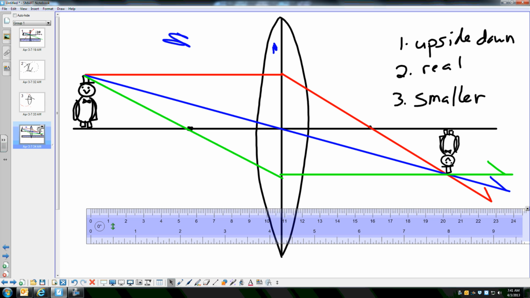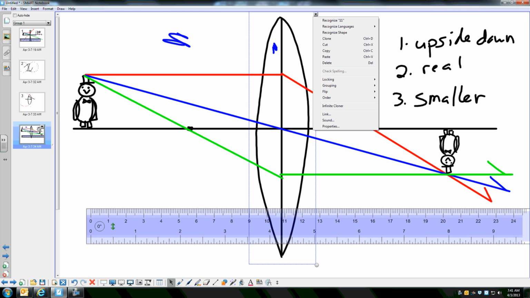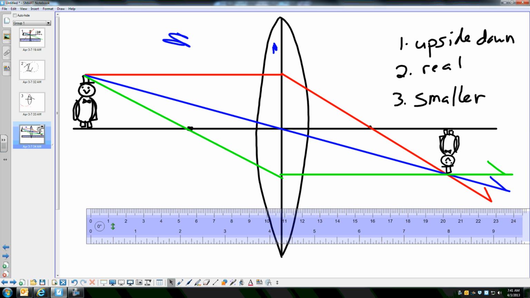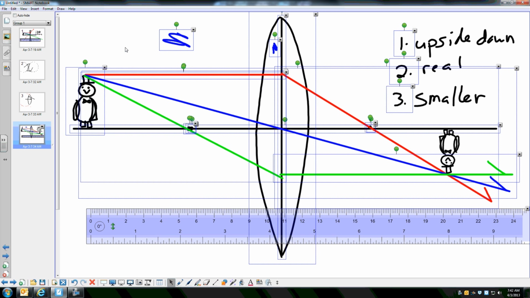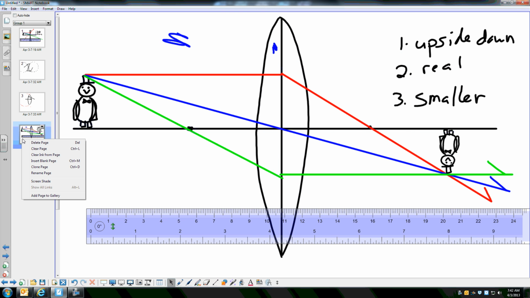You want me to show you how this thing creates a fire? Yes. All right, let me do this. Let me clone it. Actually, I have an idea. Can I cut and paste the whole thing? I can copy slide. Clone page.